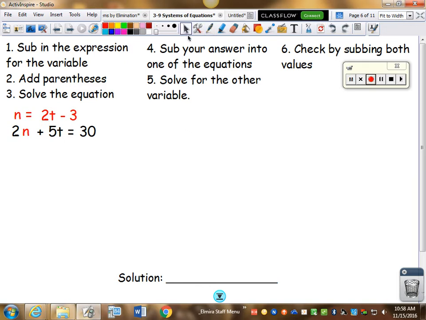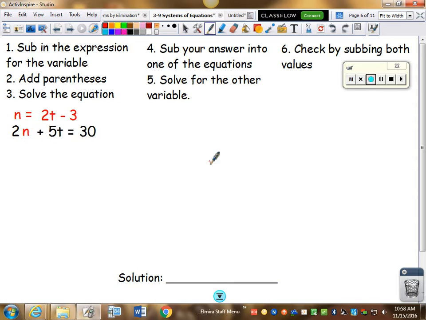Okay, so one more time, taking the n out and putting this in its place, because that's what n equals, with parentheses around it. You have to put the parentheses because 2 times.